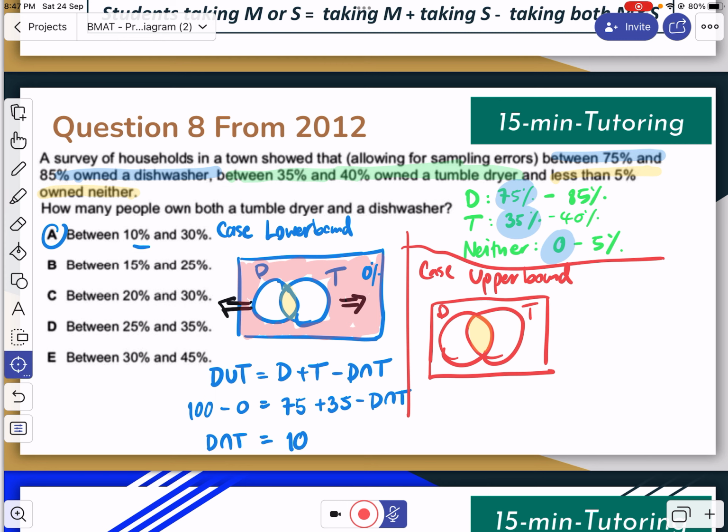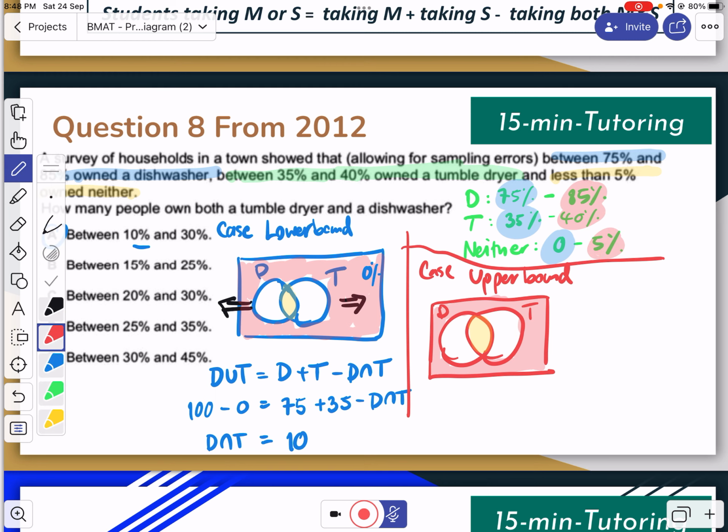For the D, the dishwasher, we will be picking 85%. For the T, we'll be picking 40%. And for the neither, that is the outside area, we want to make it large so that that area kind of forces the two circles to collide together. That's why we'll be using 5%. Okay. So we get the numbers, and then we crunch them in the same formula.